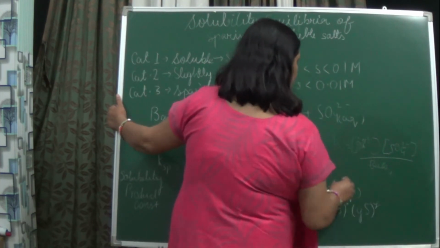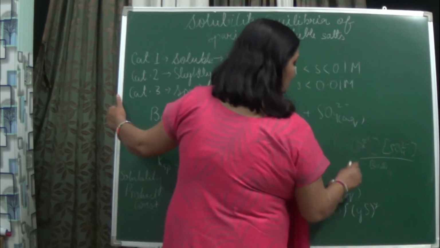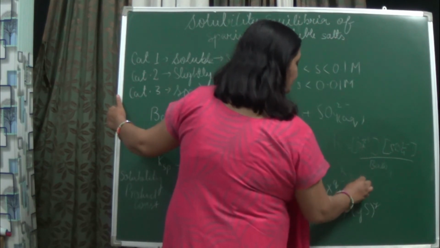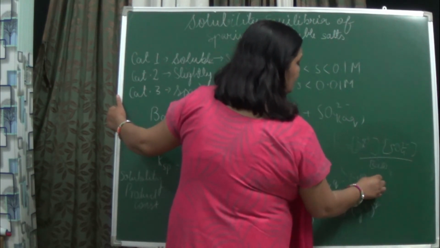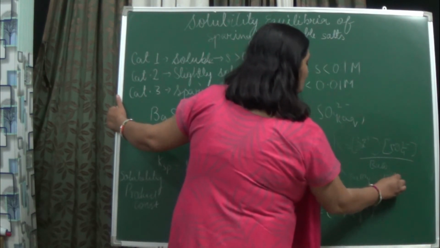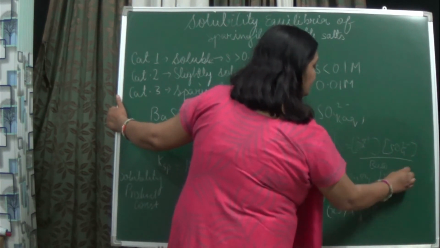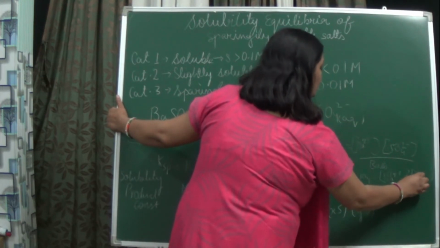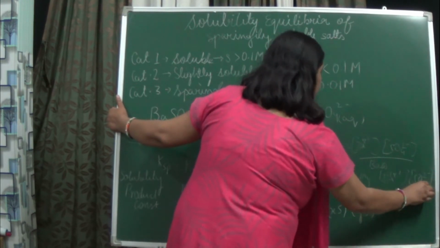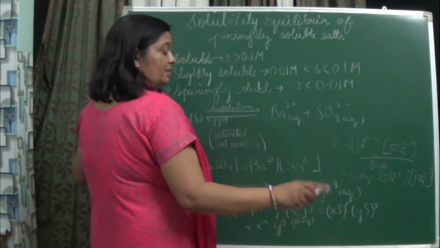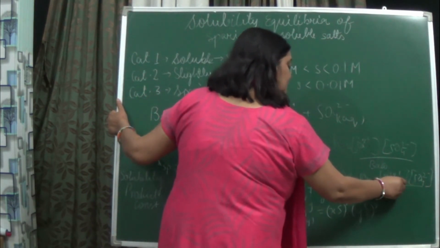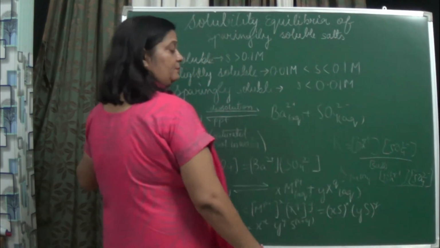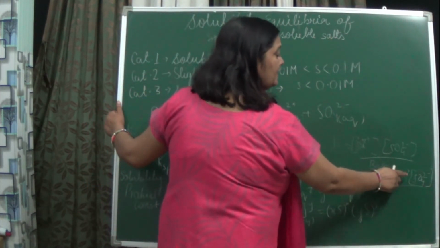Okay, so here BaSO4 goes over here, and we are getting Ba2+ and SO4 2-. Naturally, what has been dissolved, that is, the dissolution that has taken place, is of Ba2+ and SO4 2-.